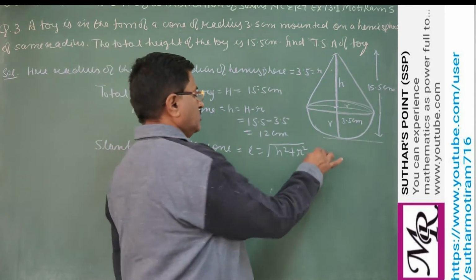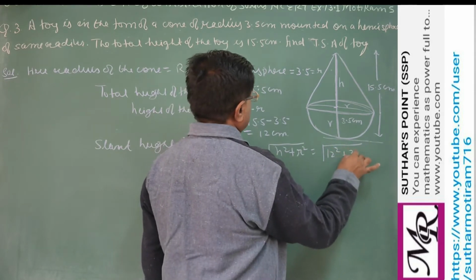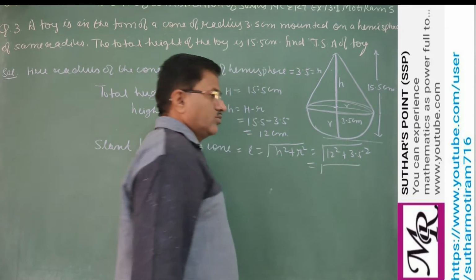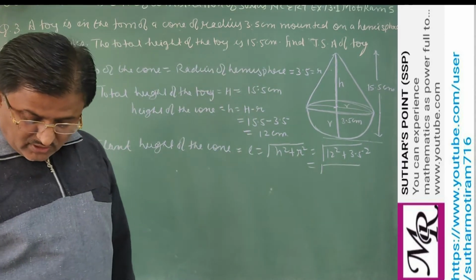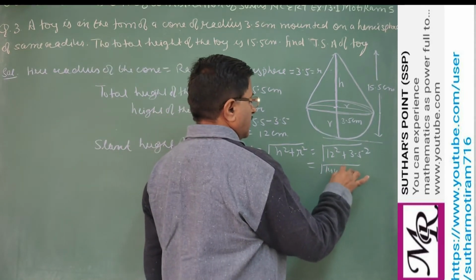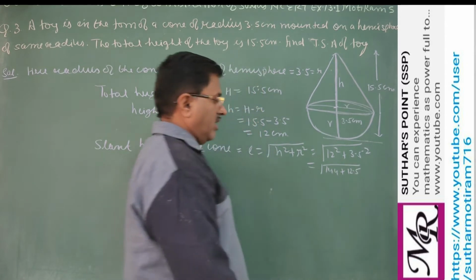So here put the values, 12 square plus 3.5 square. 12 square is 144 plus 3.5 square, that is 12.25.